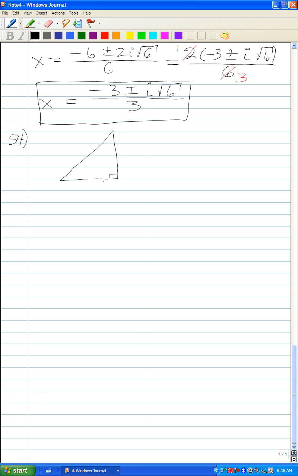So you have a right triangle and it's isosceles, so each of these legs has the same length, and they're in meters, I guess. So the hypotenuse of an isosceles right triangle is 1 meter longer than either of its legs. So this is going to be 1 meter longer than either of its two legs. Find the length of each side.